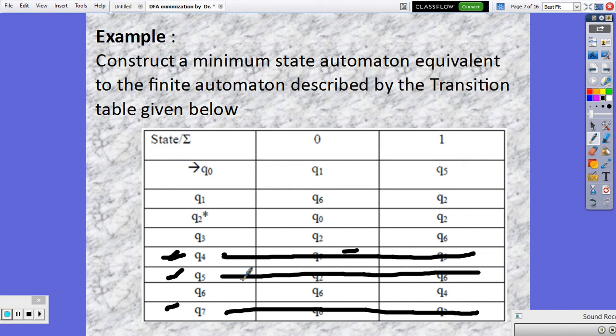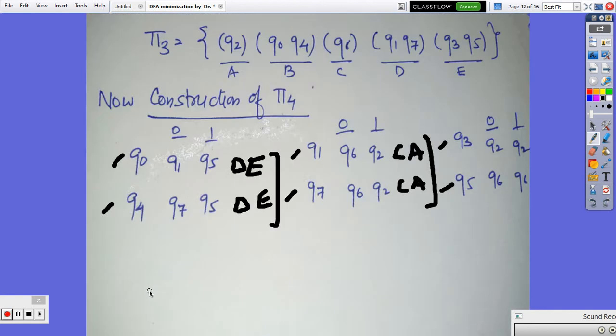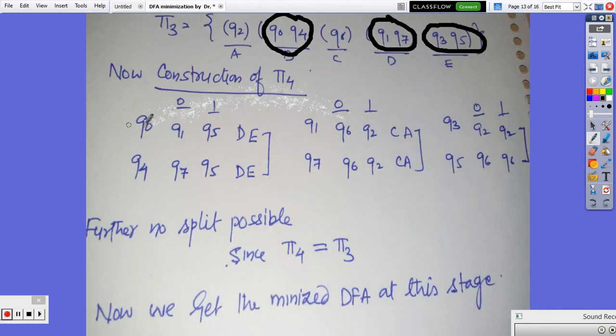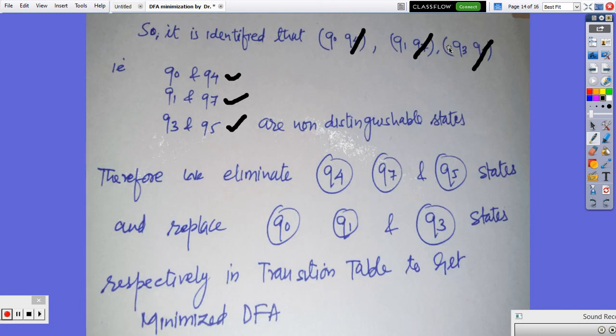But we cannot simply remove them. Wherever we are getting Q4, Q5 and Q7, we have to replace these states with Q0, Q1 and Q3. I'll show you.